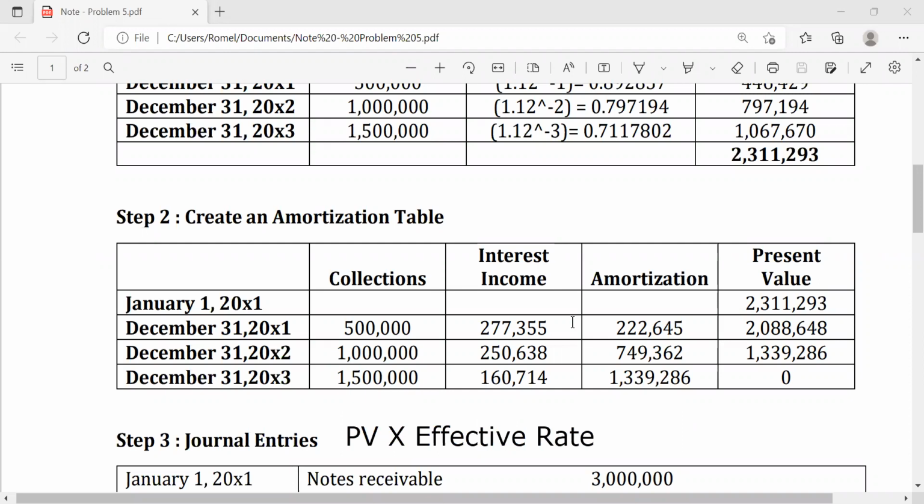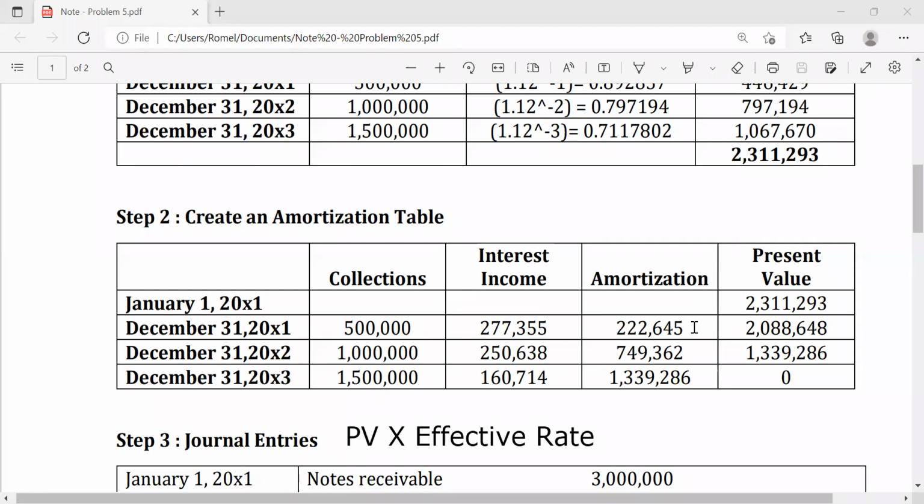The interest income for 20X1 is 277,355. And then the difference between the collections and the interest income will be our amortization. The difference between 500,000 and 277,355, our amortization is 222,645.